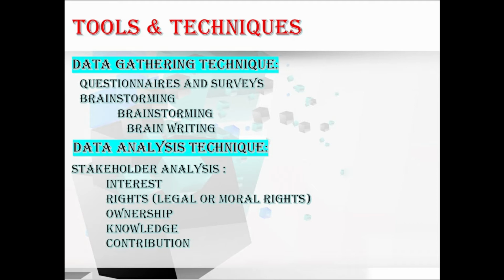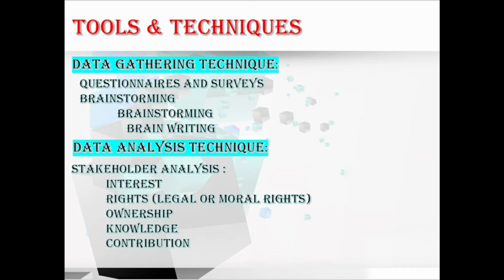As I said, stakeholders' stakes can include interest, rights, ownership, knowledge, and contribution. Let me explain all these things: interest, rights, ownership, knowledge, and contribution, what the stakeholders' stakes are. First, interest. A person or group can be affected by a decision related to the project or its outcomes.